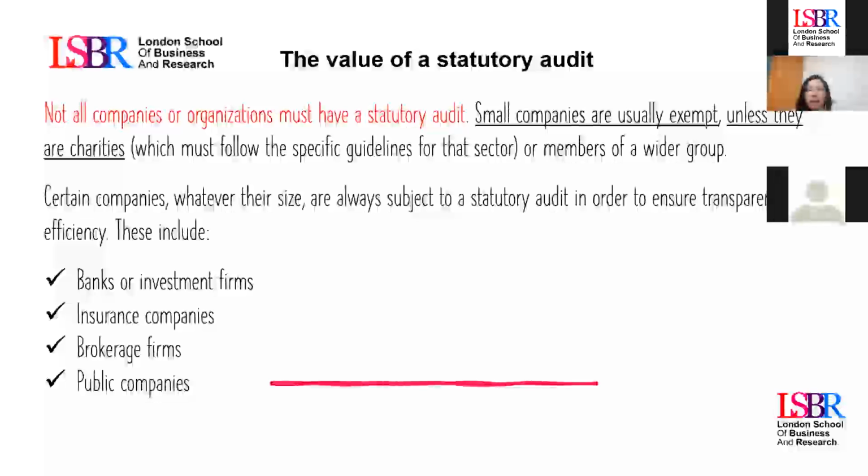For example, in the case of banks or investment firms, they need to have a statutory audit, basically to protect the interest of the investors. Insurance companies are very similar to banks, to protect the interest of the clients and the investors, and to protect the money that these kinds of entities receive.